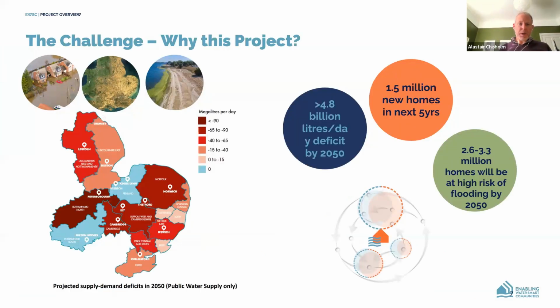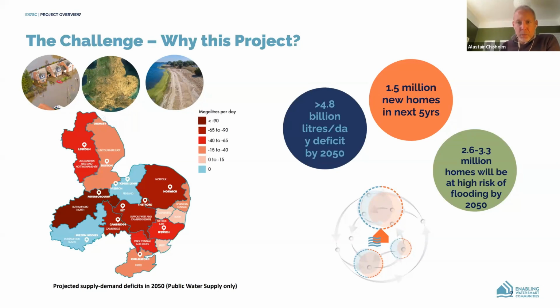Really, I probably don't need to tell you much about the range of challenges that this project speaks to, but in a nutshell, climate change and demographic pressure, population growth, and development pressure are all coming together in different ways to put our water resources and our flood resilience into an increasingly critical state. So we're facing more than 4.8 billion litres of water deficit between now and 2050.